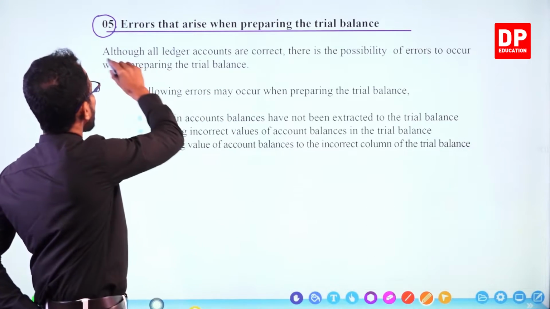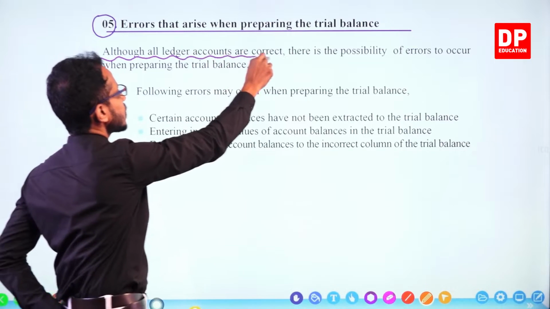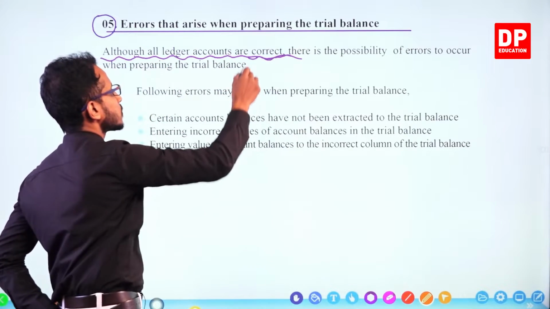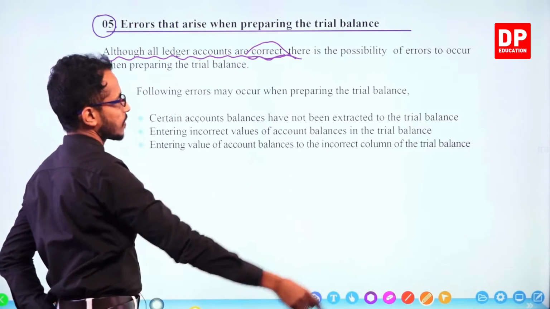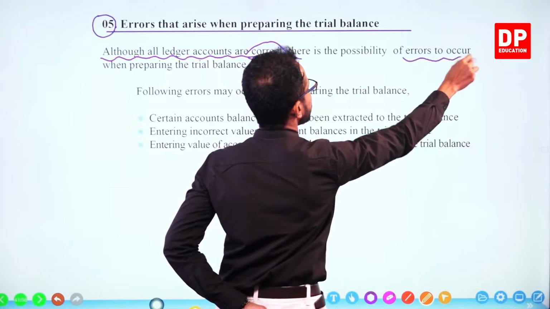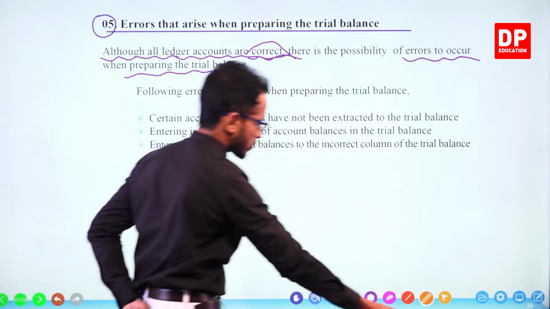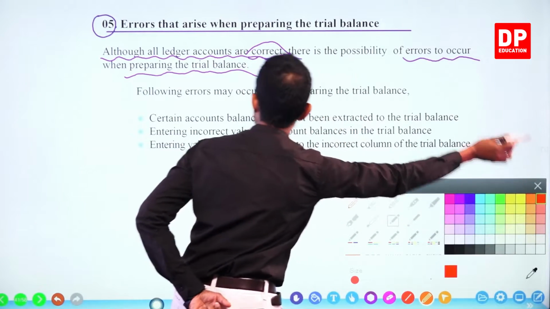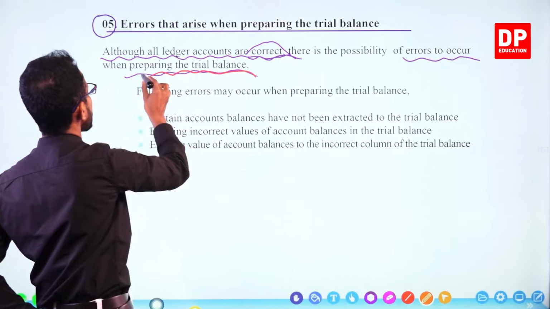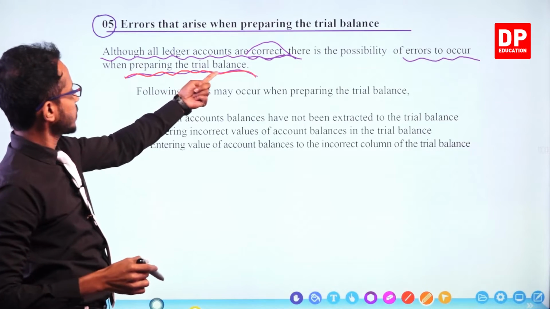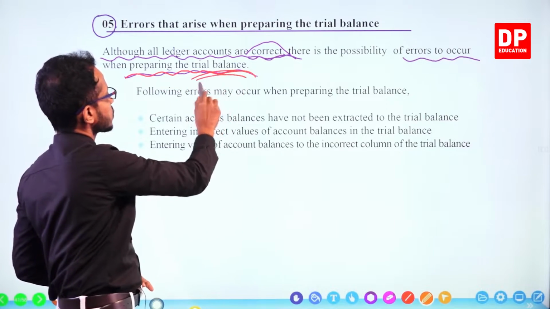It says, although all ledger accounts are correct, everything is correct, still errors can occur in the trial balance.